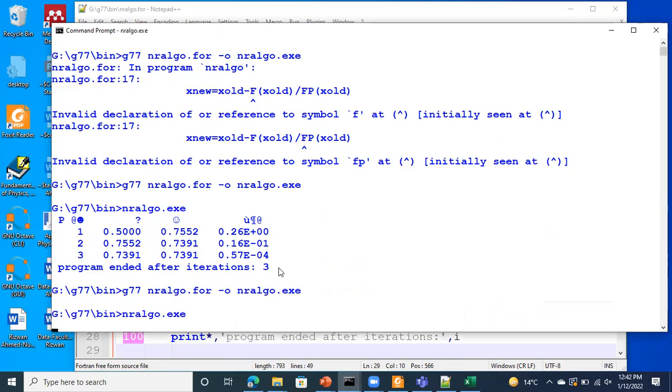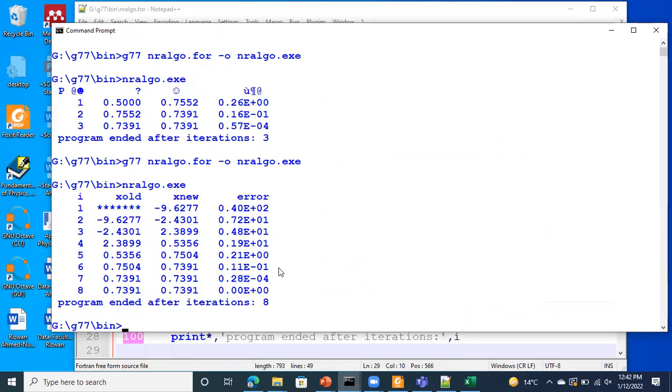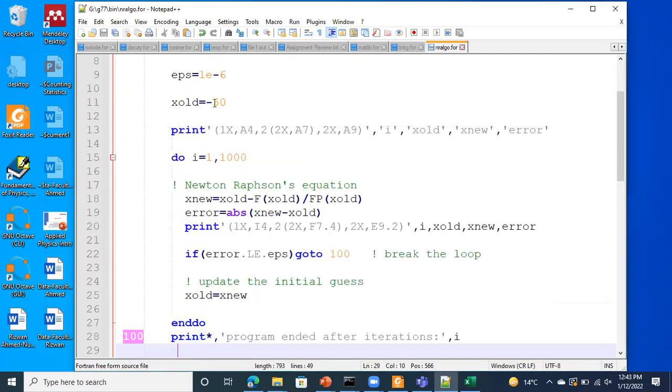Newton-Raphson algorithm. Okay, in 8 iterations, the answer has converged. So 4 decimal places were written over there. Okay, so there was some problem with the first X old: the format was not sufficient to print that one.